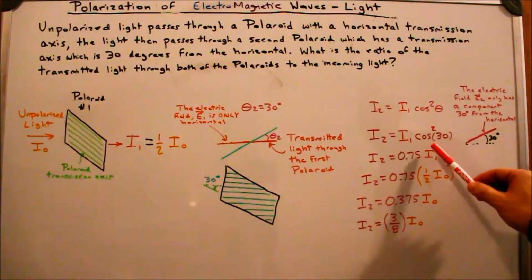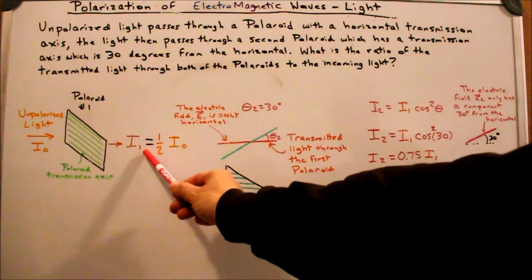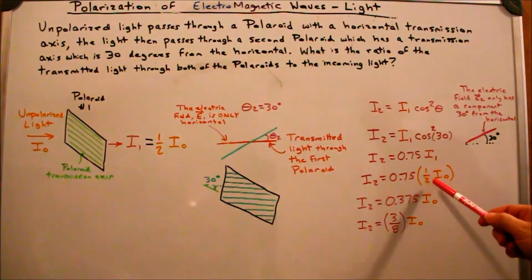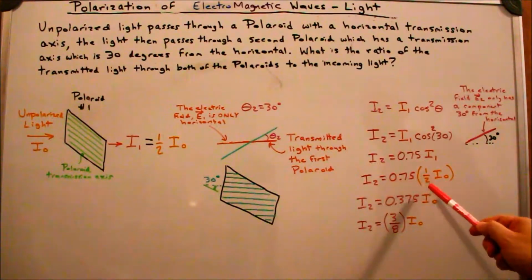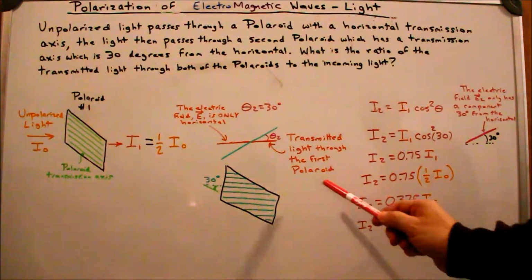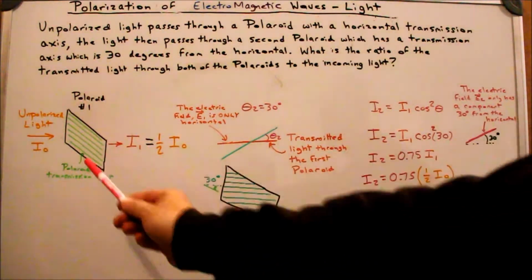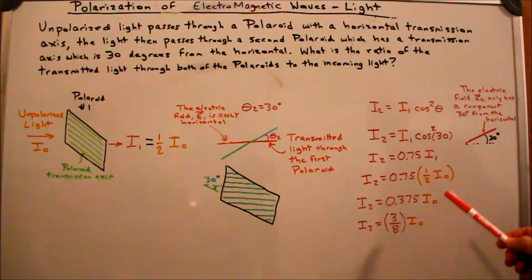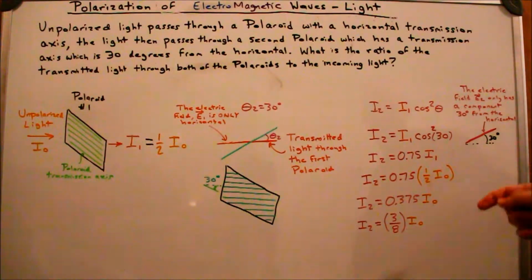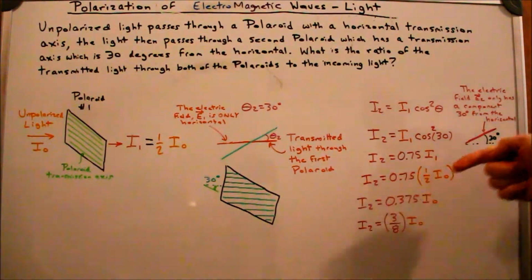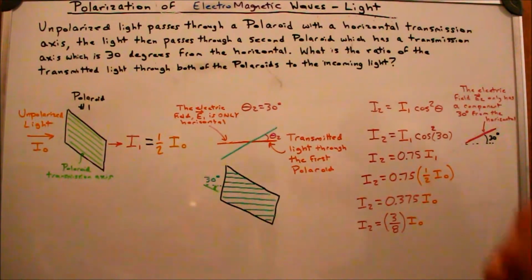And if we substitute back in here the intensity of 1 relative to 0 of the incoming unpolarized light, that's right here. So multiplying those together, I get the intensity coming out of the second Polaroid is 0.375 times the intensity of unpolarized light coming in, or 3/8. And again, the only electric field component coming out of the second Polaroid is now 30 degrees from the horizontal.